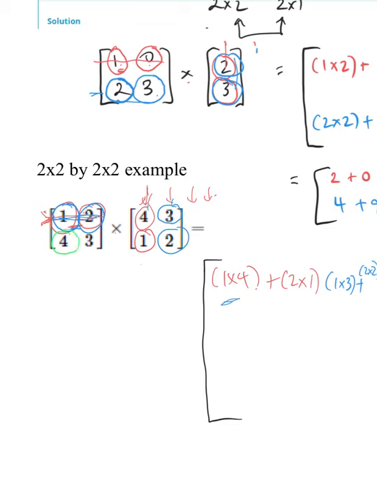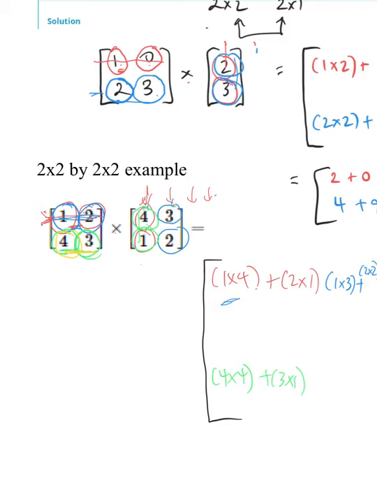So 4 times 4, plus, because I'm not finished yet, I know I'm going to have to add 3 times 1. And then I've finished that second row with the first column, so I do it again. So this second row with the second column.